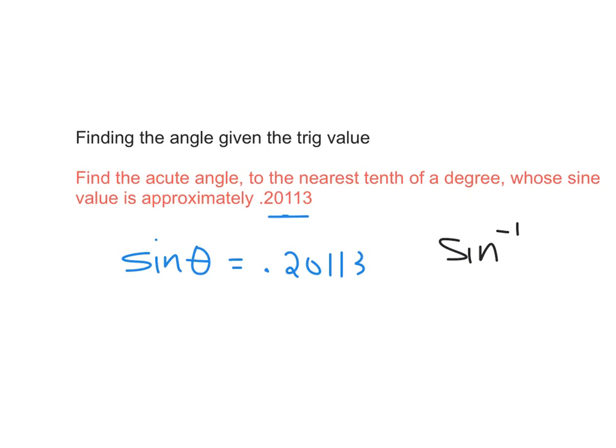That means inverse sine. Whenever you're looking for theta, like we are here, that's the button you hit. So I'm going to do second sine, 0.20113, hit enter, and I get 11 point, it says nearest tenth, so it'll be 11.6 degrees. That's all you've got to do there.